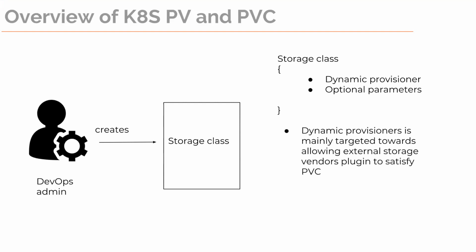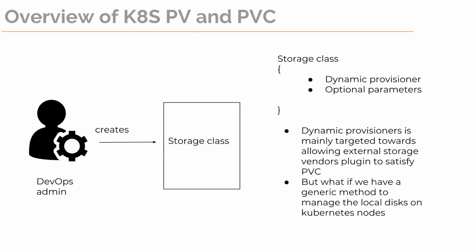The way the dynamic provisioner has been used is mainly to target external storage vendors, on how we can use external storage by a given application which is containerized. But there's no way right now to treat Kubernetes as a real hyperconvergence box, because in a hyperconverged mode, you need to be managing the disks that are attached to the Kubernetes nodes.